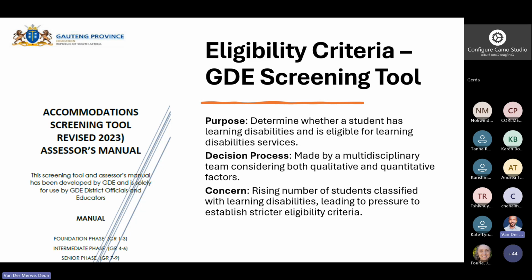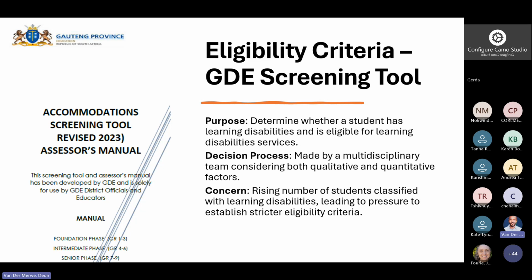It's also not part of the pre-requirements, but it is a tool that as assessors we need to be aware of, because one of the most important decisions in the assessment process is figuring out if a student has learning disabilities and qualifies for curriculum differentiation, right? Or a referral to special services.